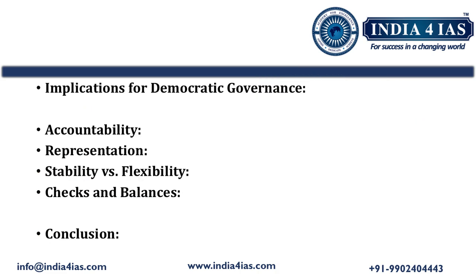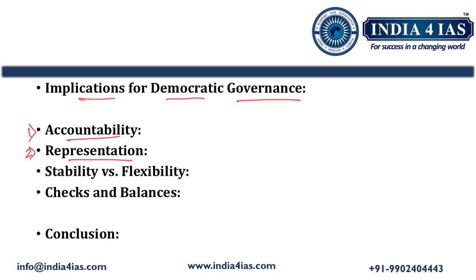In the third part, the question also asks about the implications for democratic governance. So what are the implications for democratic governance if it is a parliamentary form of government? The first one is accountability. The collective responsibility principle and the legislative oversight over the executive ensure accountability. The second is representation.